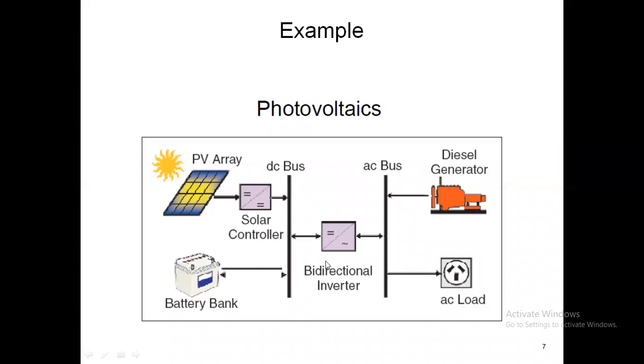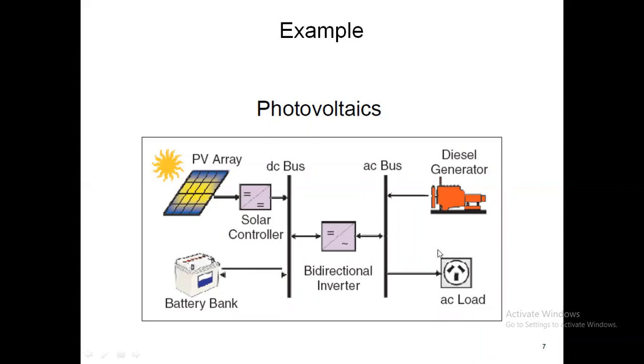After that, all the usable equipment in your daily life mostly runs on the AC system, so you need AC, not DC, because the battery stores the energy in the form of DC.